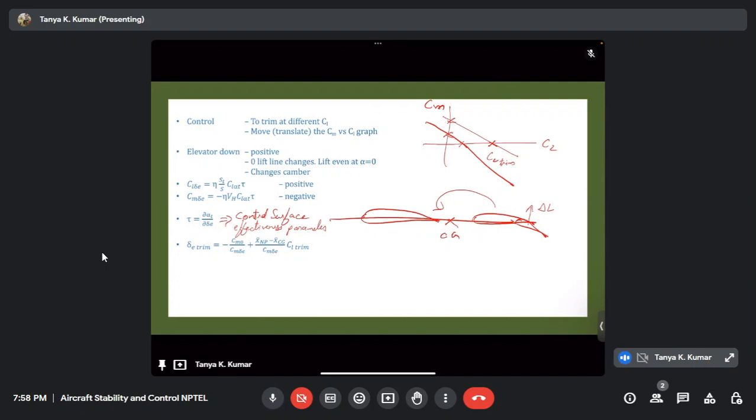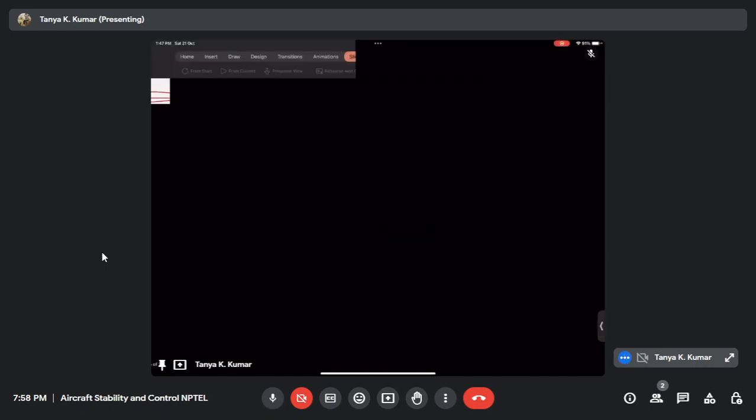That is how much delta E needs to be deflected to trim at some given CL. Okay. So what is the nature of this graph? Look at the quantities in the equation and tell me. So this is delta E trim versus CL. Oh, sorry, it's the other way around. Just a minute.